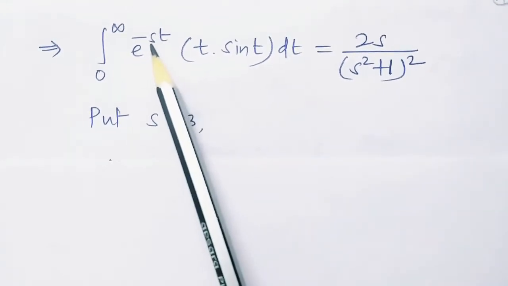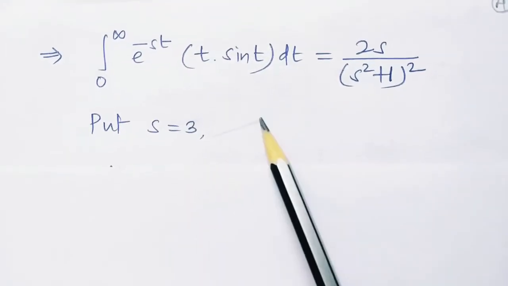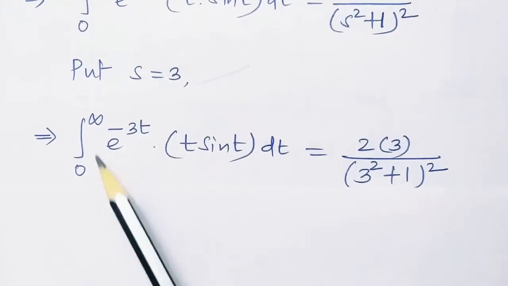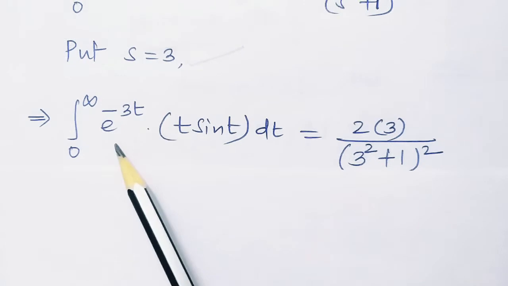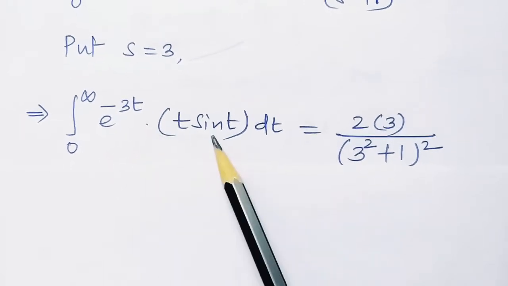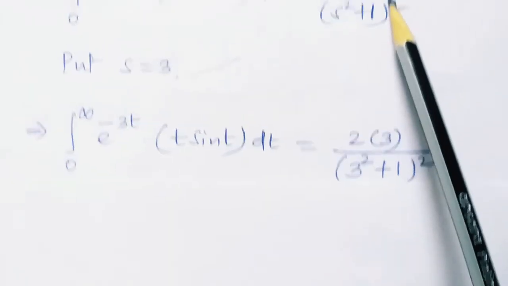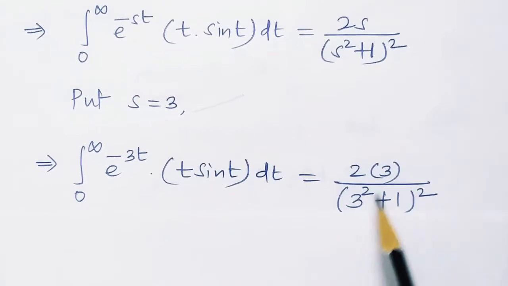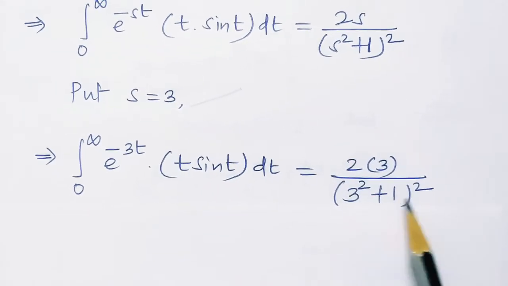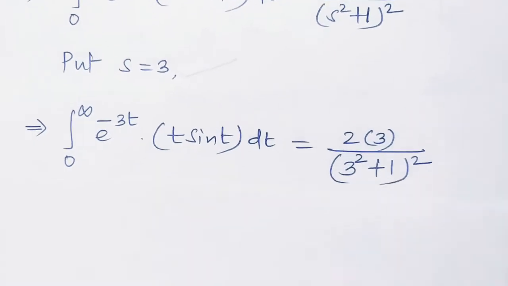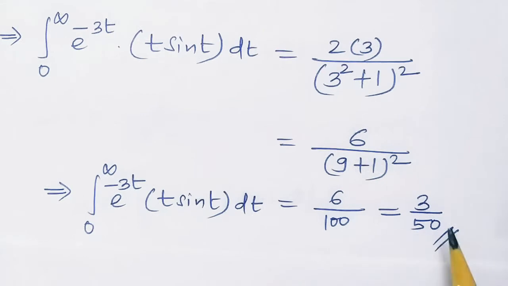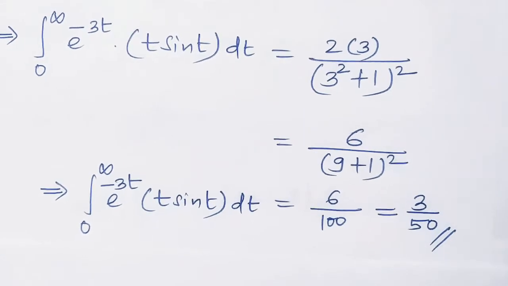And just to make s a 3, we replace s equal to 3 on both sides. So we obtain the integral from 0 to infinity e to the power of minus 3t t sine of t dt, and on the right hand side wherever s is there, that can be replaced by 3. 2 into 3, that is 3 square plus 1 the whole square. And finally we have 6 divided by 100, that is 3 divided by 50.